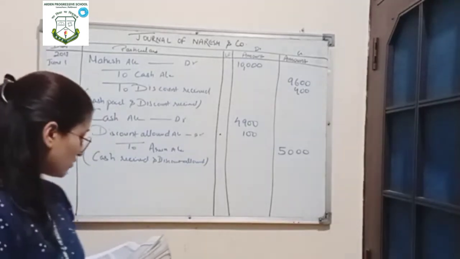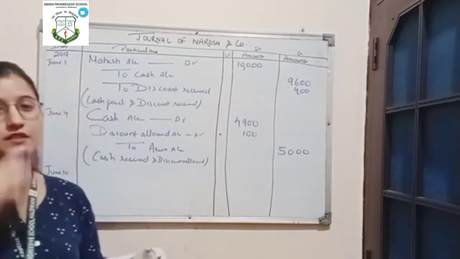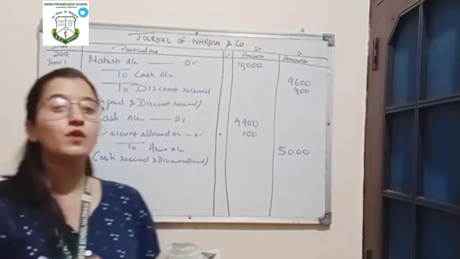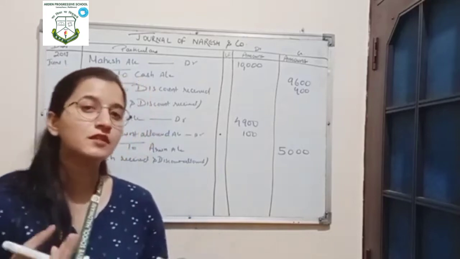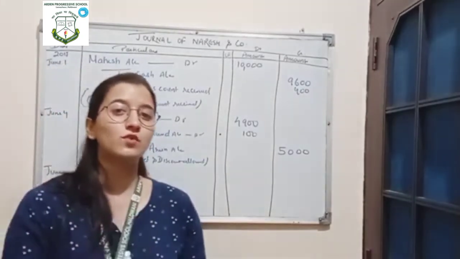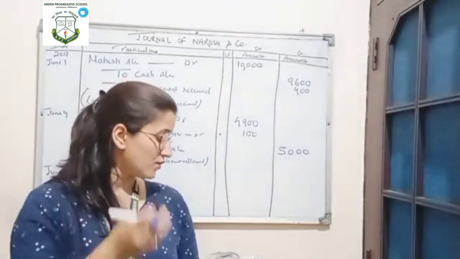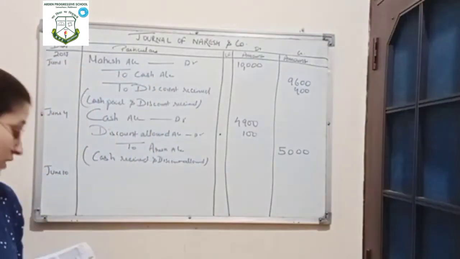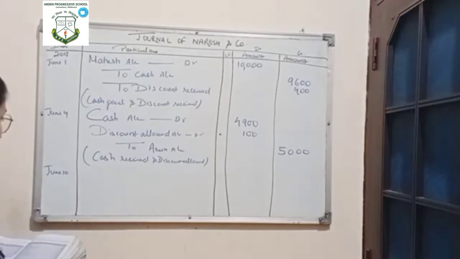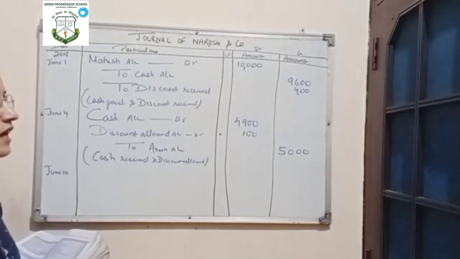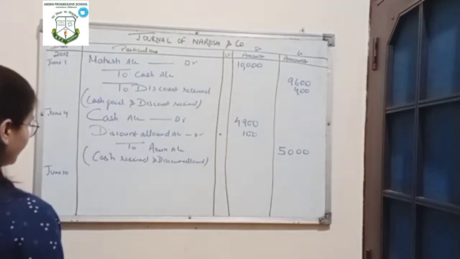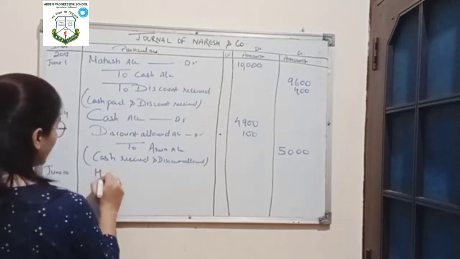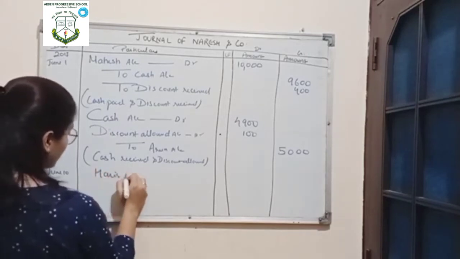Transaction is sold goods to Harish. Now, in this transaction, goods have been sold to Harish. It is not mentioned in the transaction whether these goods are sold in cash or not. So, here we will assume that these goods are sold to Hari on credit. Now, goods have been sold to Hari. That means Hari is the receiver of goods. So, we will debit Hari's account.